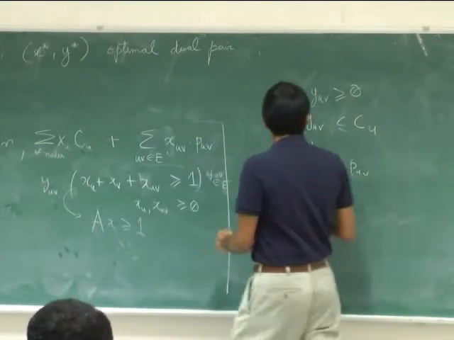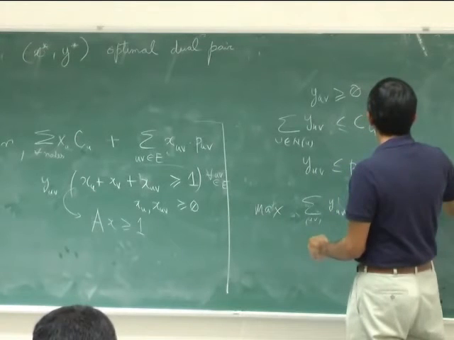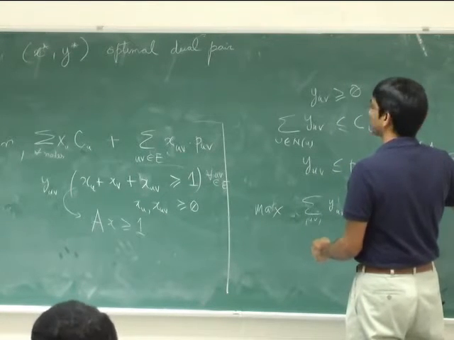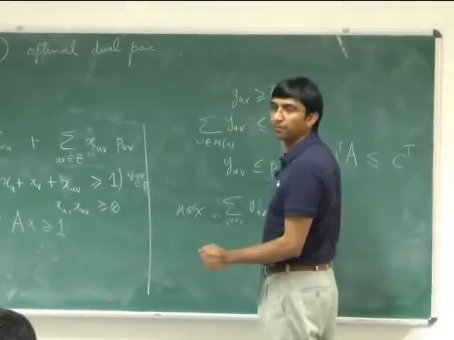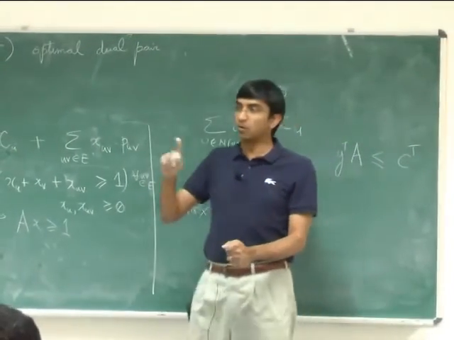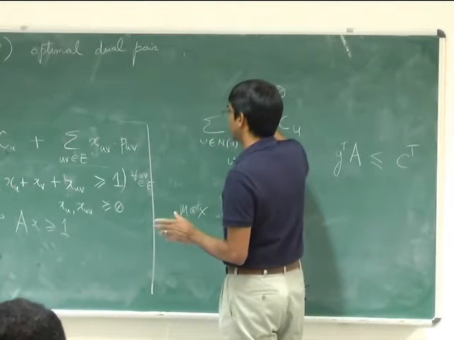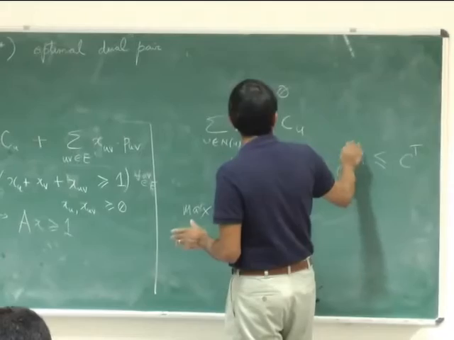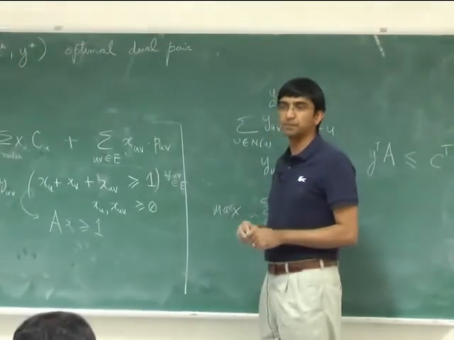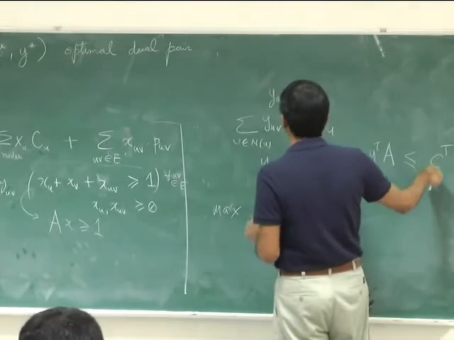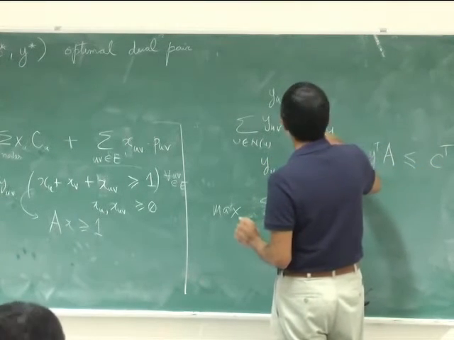Now here I'll have y transpose A less than or equal to c transpose. And remember, y has as many variables as the number of rows of A, which is just the number of edges. So that's cool. Okay, so y transpose A less than or equal to c, that's what we wrote down here.